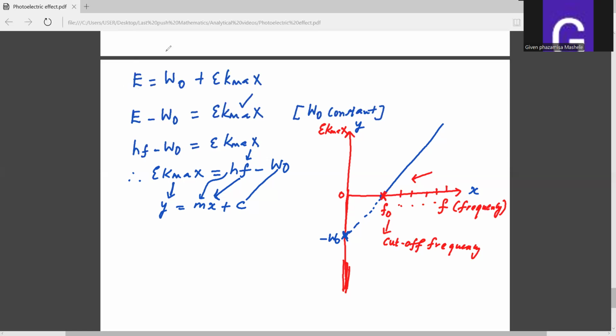So you must know from today, whenever you are given an EK maximum and frequency graph, once you calculate its gradient between the EK maximum and the frequency, it's going to be change in y over change in x, which is the m. Our m here, the gradient between the EK maximum and frequency, will be the h, will always be Planck's constant.